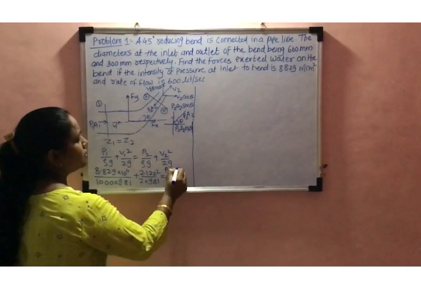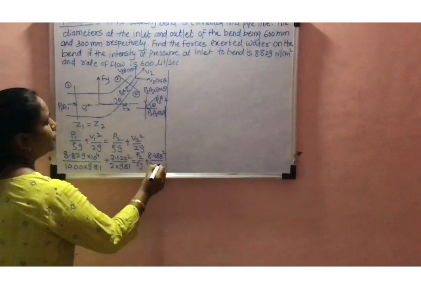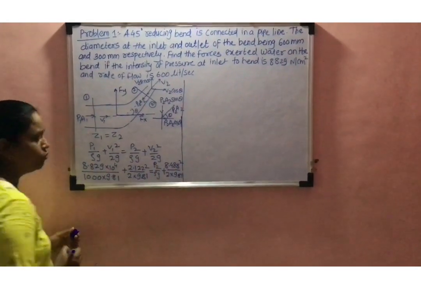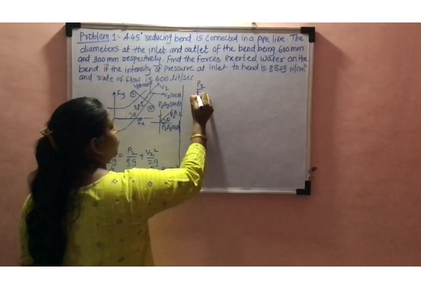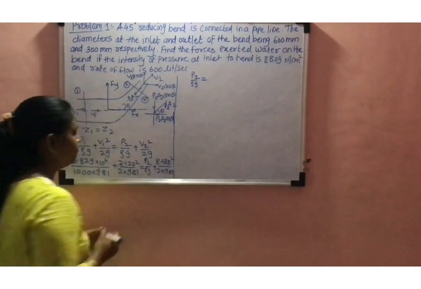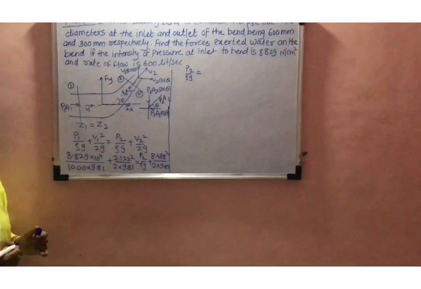V2 is 8.488 square upon 2 into 9.81. So I will take P2 upon rho g on this side and calculate all the values.